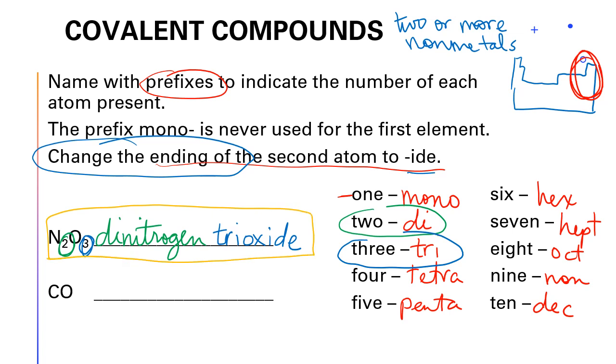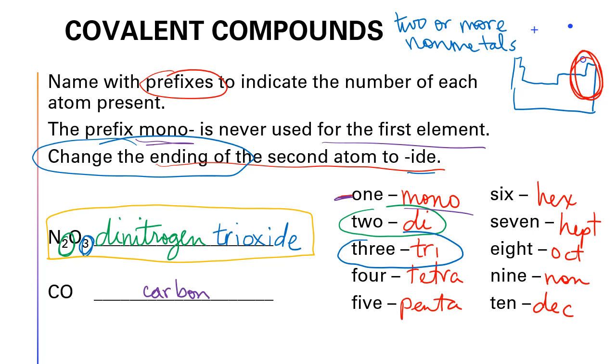Now I've got one carbon. So I feel like if I've got one, I want to call it monocarbon. But that's a trick because the prefix mono never gets to be used for the first element. So instead it's just called carbon.